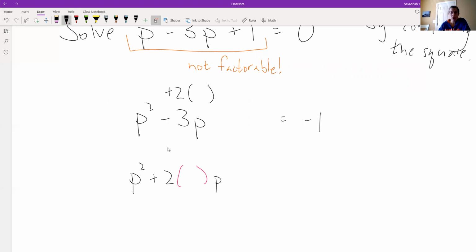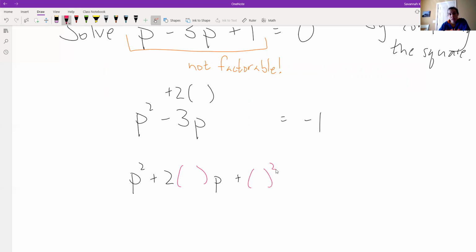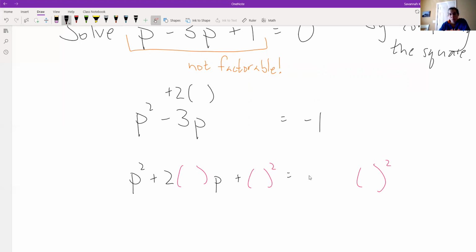The magic number is apparently going to have to absorb that negative. And then I will need the magic number squared at the end, and then I better go ahead and balance by adding the magic number squared to the other side as well. So that's where I'm headed.